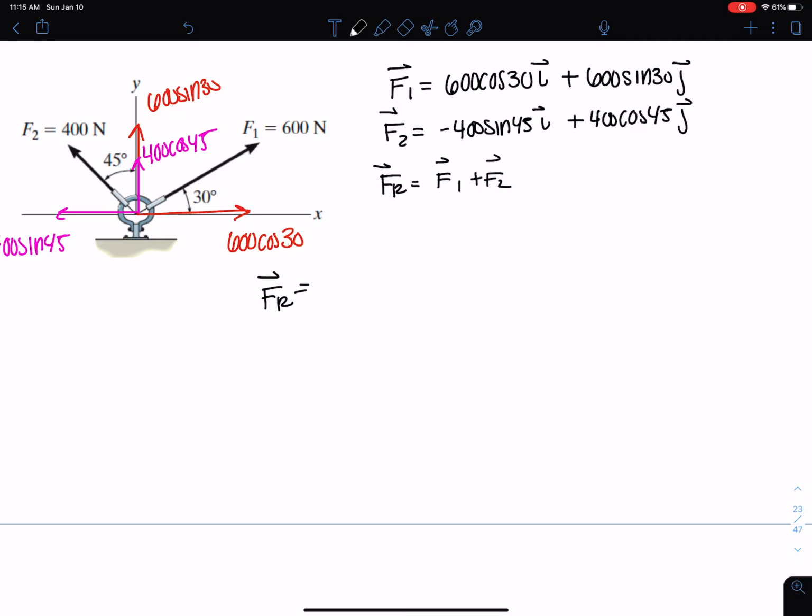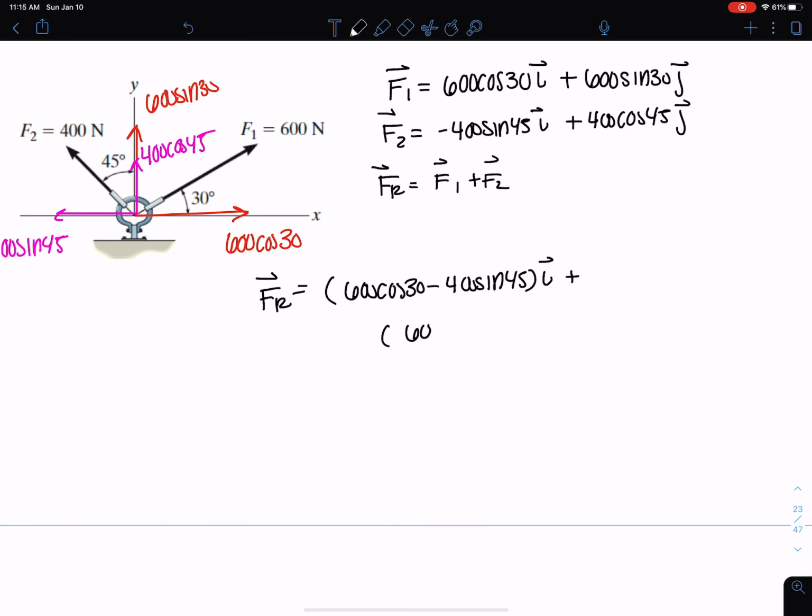I add the x's together, so the 600 cos 30, so all my i's, minus 400 sine 45, this is my i direction, plus 600 sine 30, plus 400 cos 45, and this is my j direction.